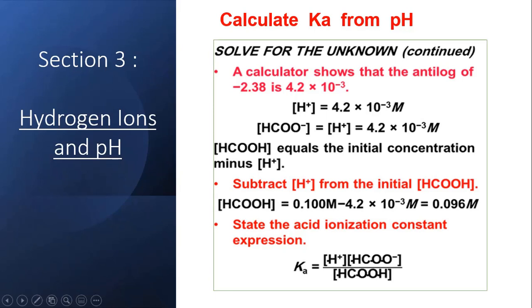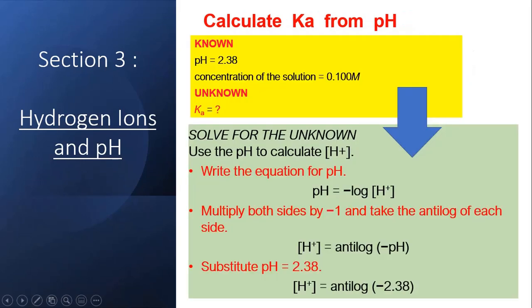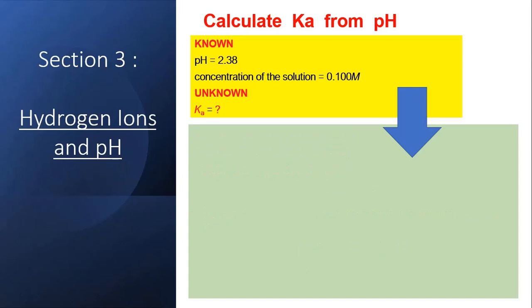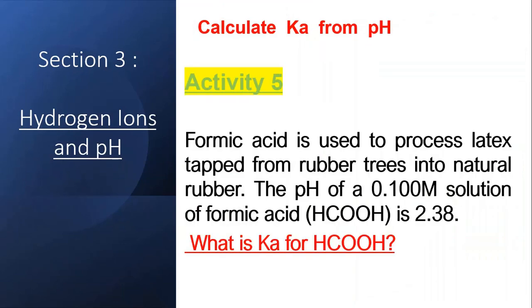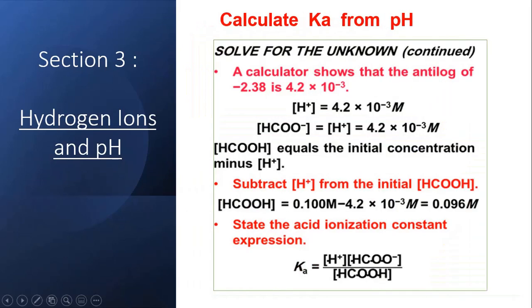This is also equal to the concentration of the acid because this is a strong acid. How did I know it's a strong acid? Go back to the previous part. You see that pH equals 2.38, and this is very near to 0 compared to the 7 value, which is neutral.